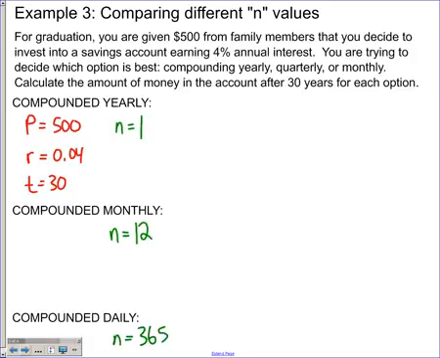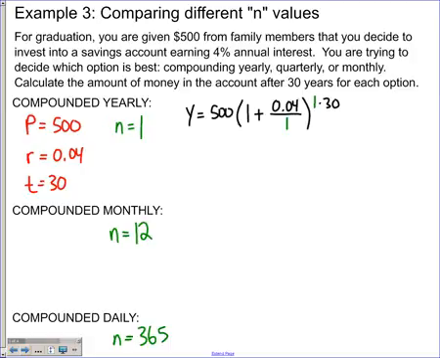Okay, so we can step through typing this in. We'll set up our equation. Y equals 500 times 1 plus R, 0.04 over N. I'm going to write this in green just so that we can see what's changing. And that's going to be raised to the 1 times t power, which is 30. 1 times 30.